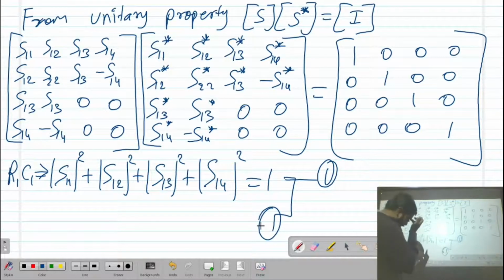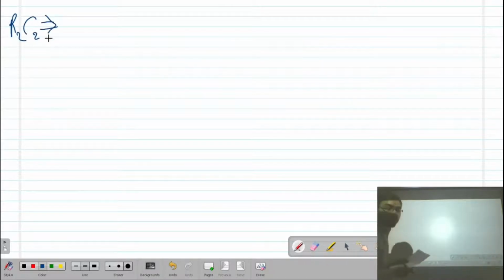This is equation number 1. Okay. In the similar way, we will have R2 C2, that is row 2 column 2.